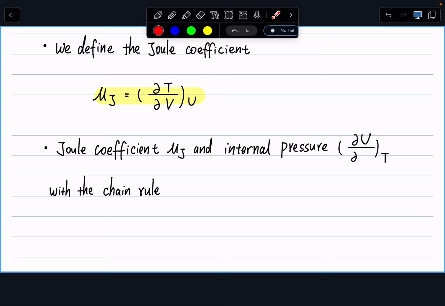The temperature change can be measured using a thermometer inserted into the chamber, and the change of the volume can be carefully monitored by adjusting the size of the valve that allows the gas to pass to the other side. So we're setting up this experiment so that we have a means to measure the partial derivative, or the change of temperature over the change of volume at constant internal energy.